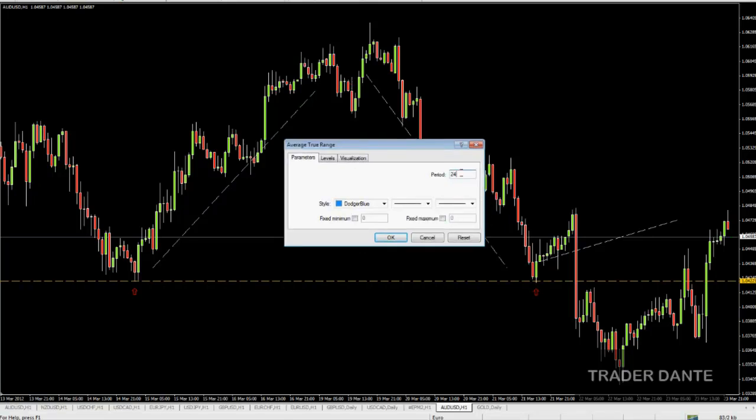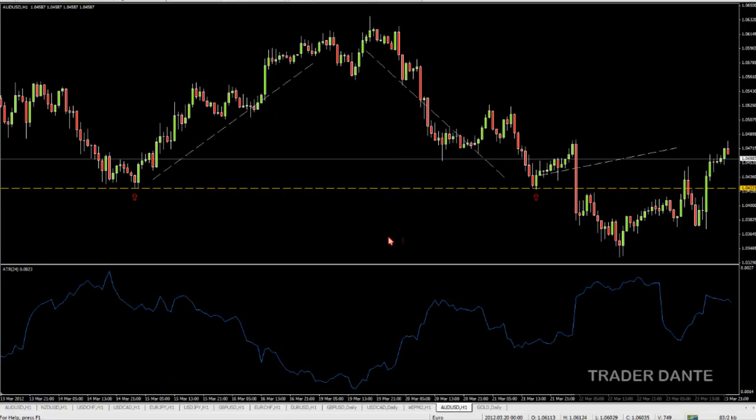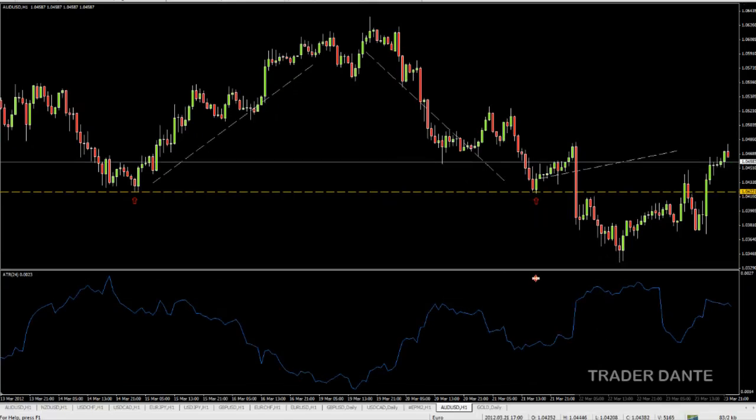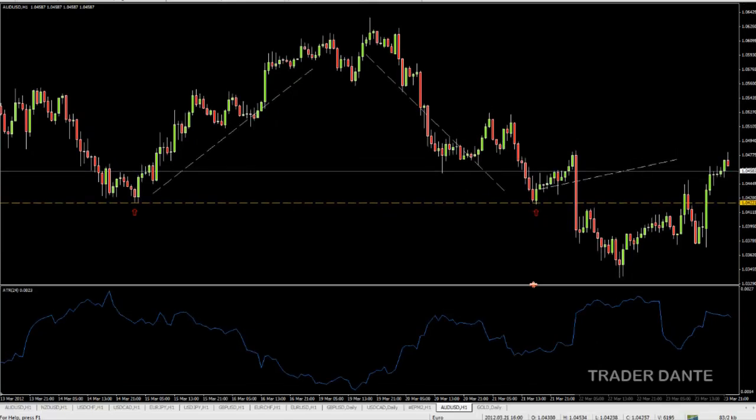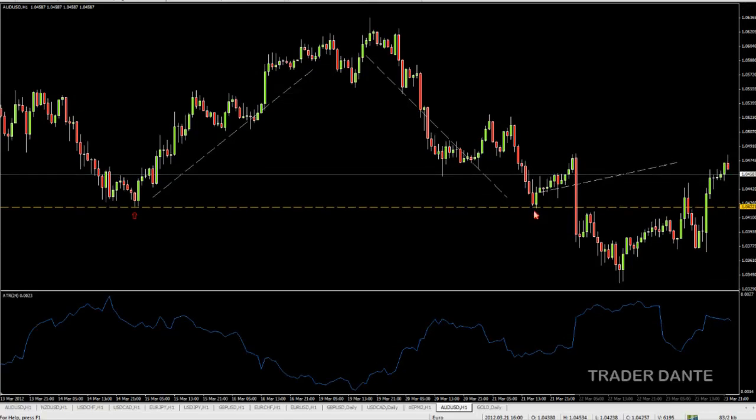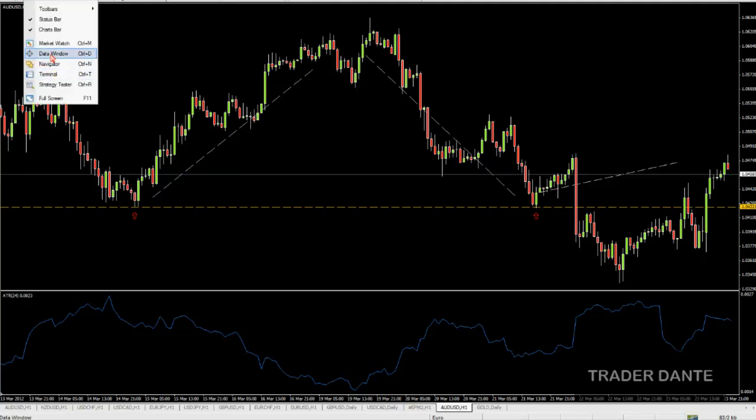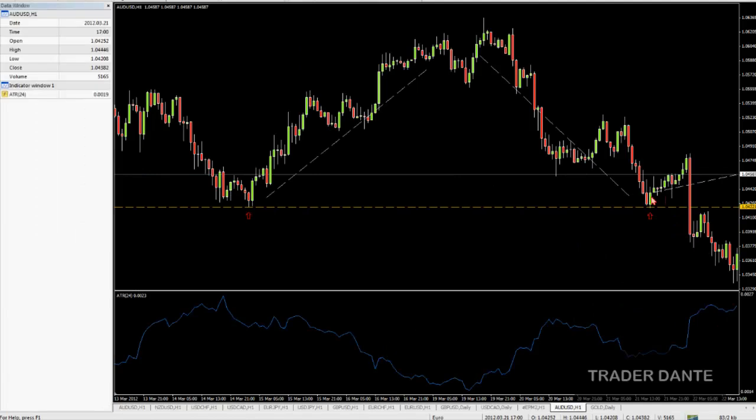Now, my stop, what I do is I apply a 24-period ATR. Why 24 periods? Because Forex is a 24-hour market, and there's 24 hours in a day. So what I'm looking at is the average volatility over an hour, i.e. what on average does this move per hour. Now that 24 period ATR, let me just move to the data window.